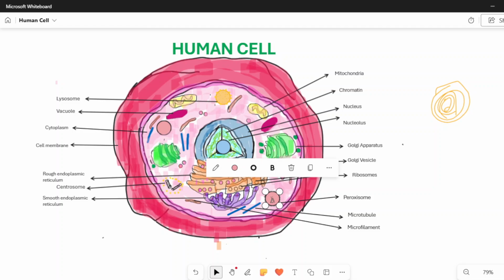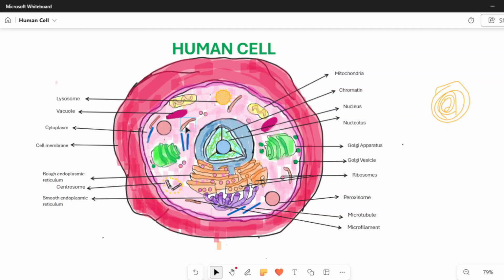For example, when hydrogen peroxide is present inside the cell, it helps to remove those toxins from the human cell. So we can say the peroxisome is like a specialized force which does the specialized scavenging work that the lysosome cannot do. So this is about peroxisome.